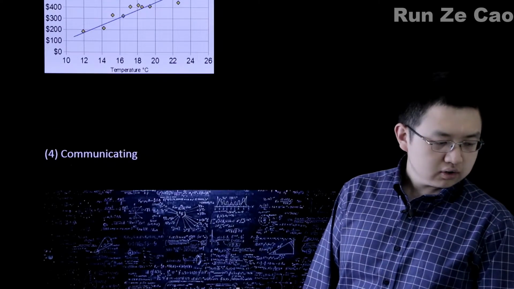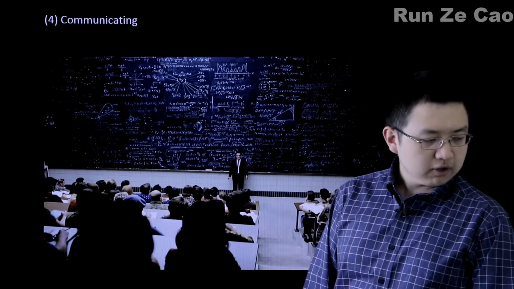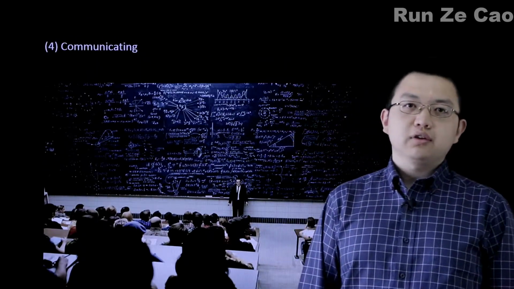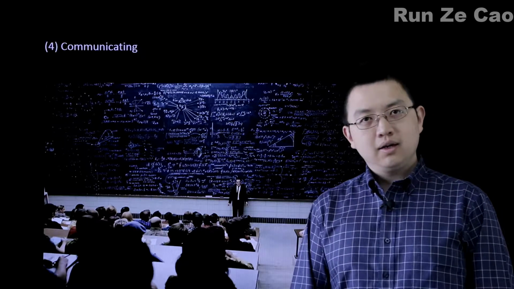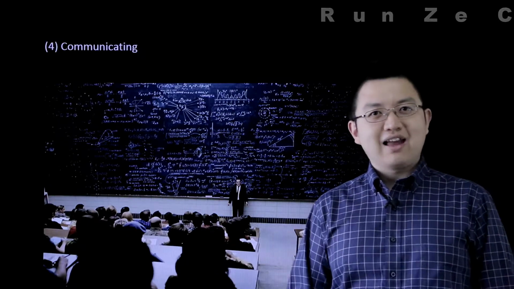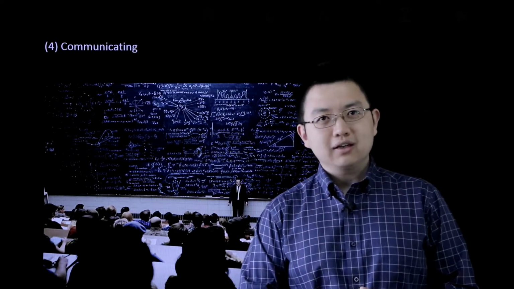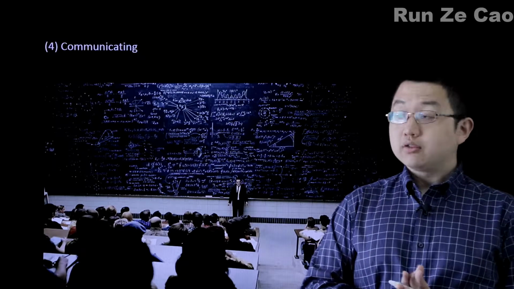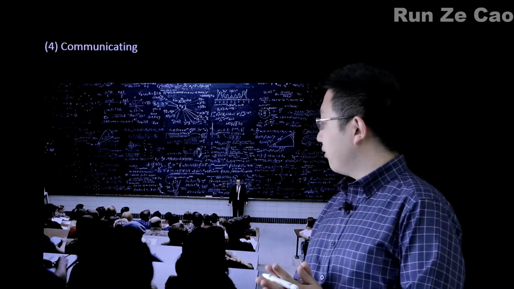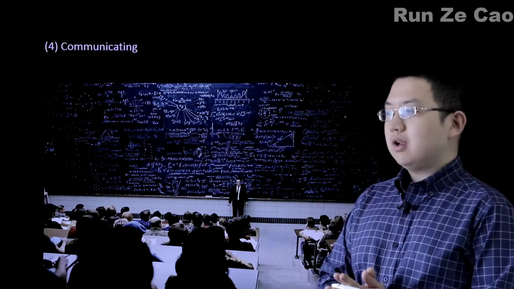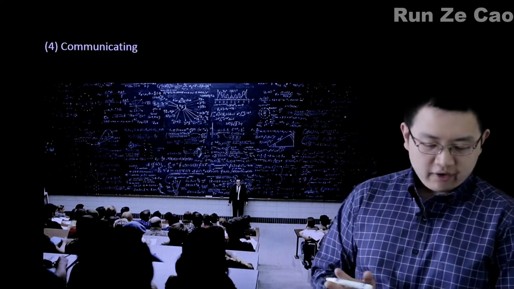And of course, one of the most important parts of science is to communicate your results. Why? Because you can't earn your PhD without communicating, of course. You can't do anything really without communicating, except do work and not get results, like not get paid or not get graded. So you can't do anything useful without communicating.